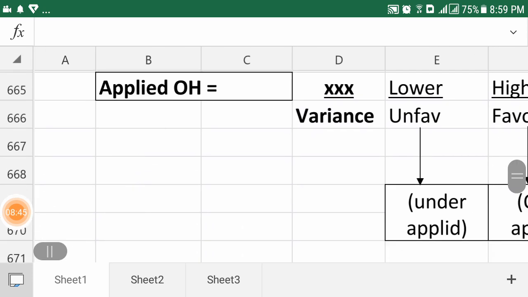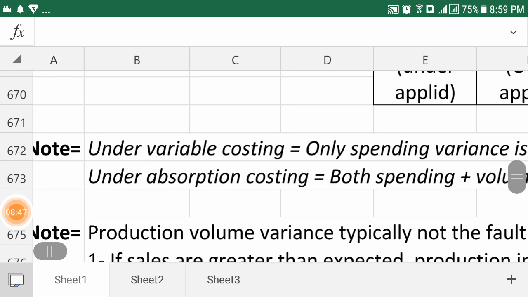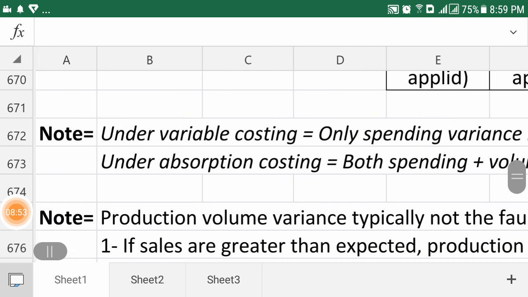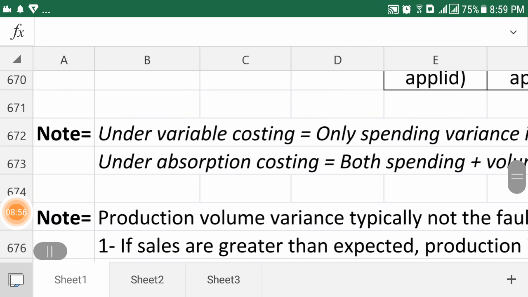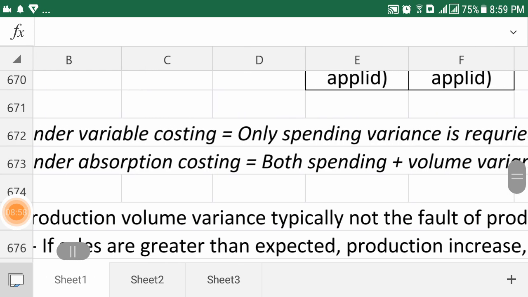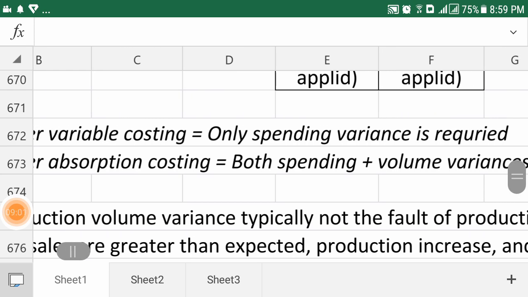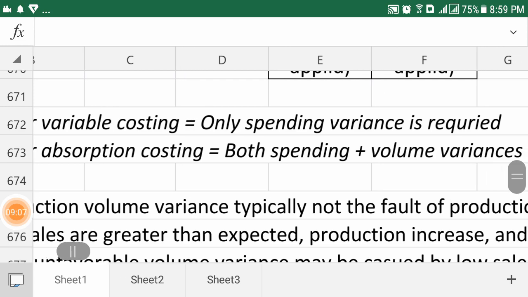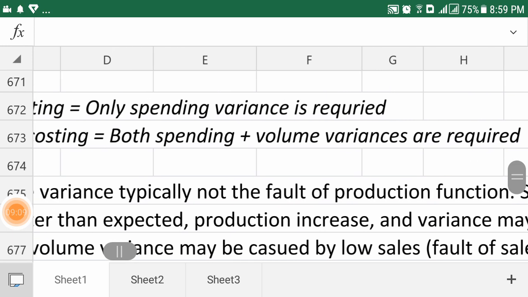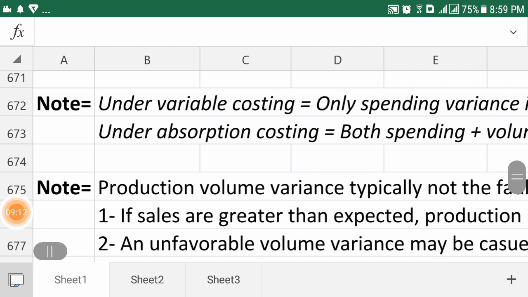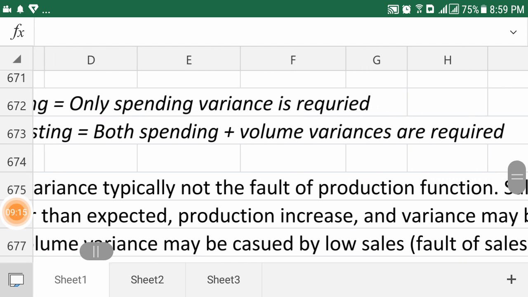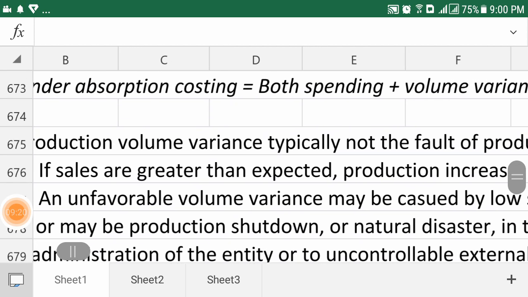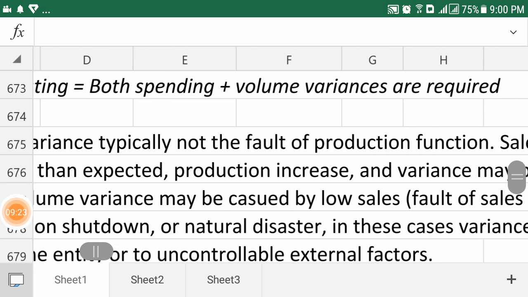You can see under the note here it is written that under variable costing only spending variance is required. Did you understand? Under variable costing only spending variance is required, and under absorption costing both spending and volume variances are required. Another note says that the production volume variance is typically not the fault of production functions.